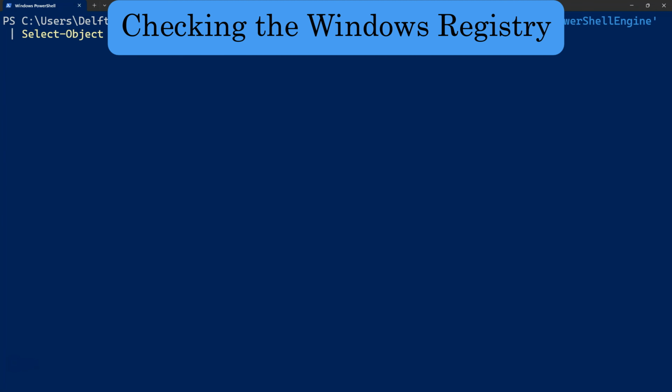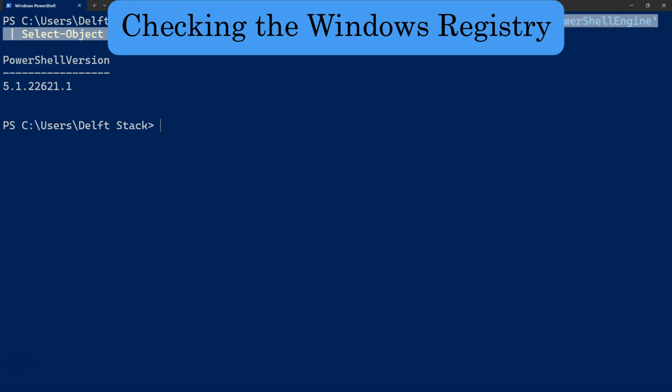To do this, open PowerShell as administrator and run the following command. This command queries the Windows Registry where PowerShell stores its installation details. The output will include the exact PowerShell version installed on your system. Since the Windows Registry is a central database for system settings, this method is useful for retrieving version details programmatically.